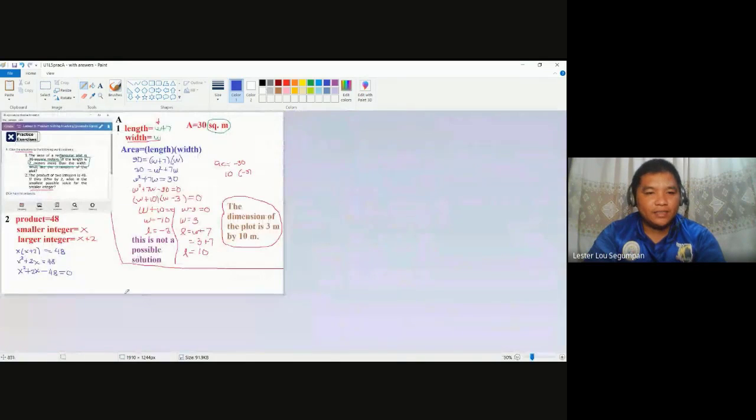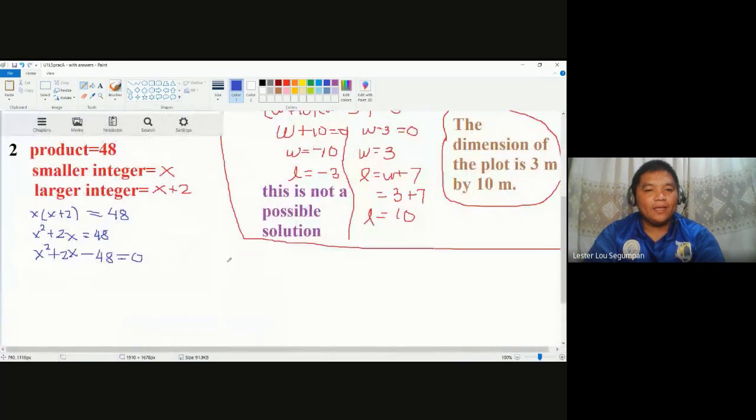Let me increase the area for solutions. It will be longer. Okay, so we have this. We could actually use the quadratic formula again if you want, but I believe this could be factored. AC is the product of A, 1, and negative 48. So you have negative 48. Factors of negative 48 which will result to 2.